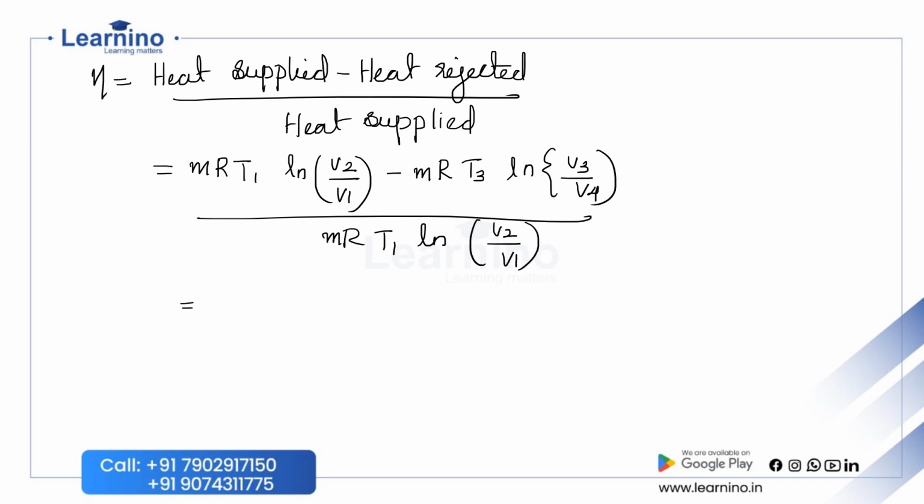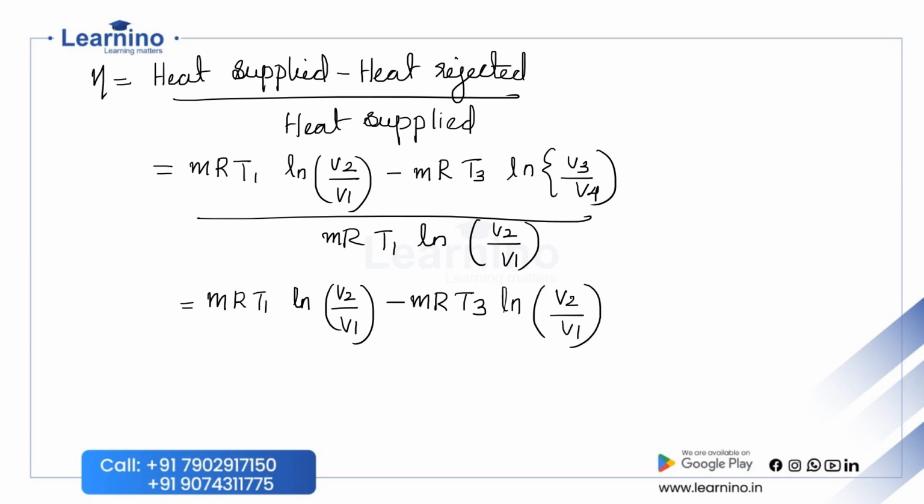And I can replace this V3 by V4 with V2 by V1. So MRT1 ln V2 by V1 minus MRT3 ln V2 by V1 divided by MRT1 ln V2 divided by V1.